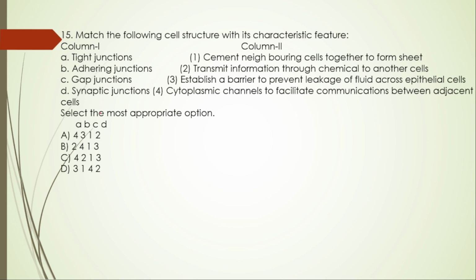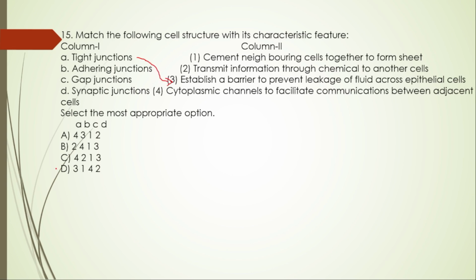Next question. Match the following cell structure with its characteristic feature, column 1 with column 2. A is tight junction, and the tight junction establishes a barrier to prevent leakage of fluid across the epithelial cells. So A is for 3.